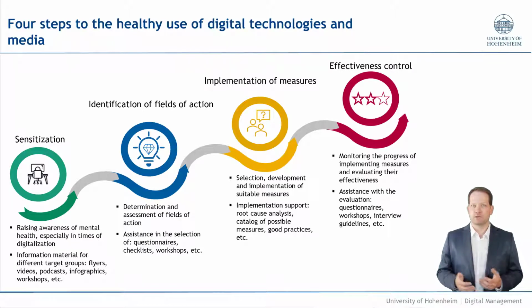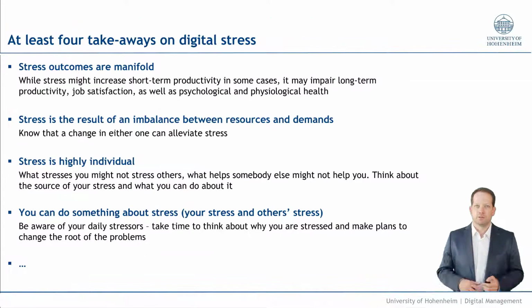And there again, it goes back to questionnaires, workshops, interview guidelines and the like. So it's pretty close to the identification of the issues, the same methodologies you use here to track effectiveness and control.